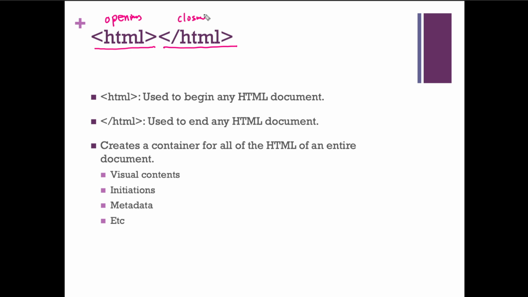Be careful: in HTML, most tags are in pairs, but not all of them. Whenever we encounter a tag that doesn't need a pair, I will tell you. But until then, just assume every tag is in a pair, so you need an opening and a closing. In this case, HTML tag and HTML tag. The opening tag is just the word HTML inside the brackets. The closing tag always starts with a slash.